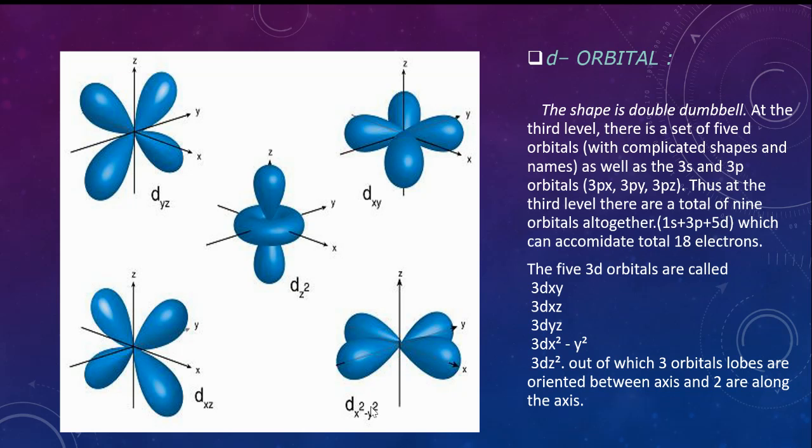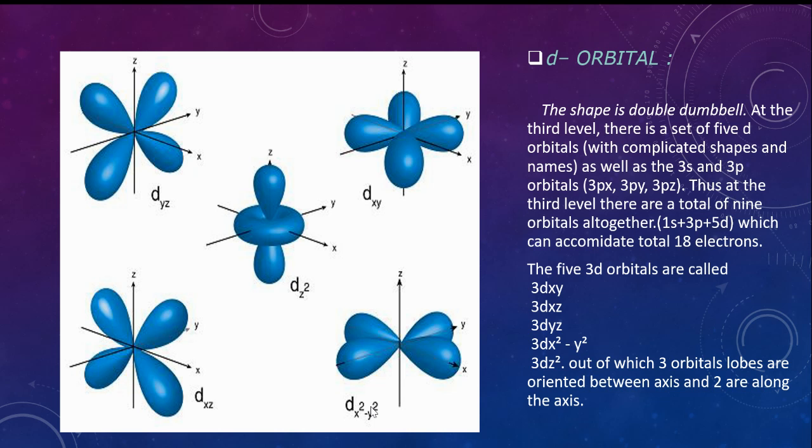Okay, and then for the d orbitals, the lobes lie in the xy, yz, and zx planes. That is the first set. In the dx square minus y square orbital, there are also four lobes, but two of its axes coincide with the x and the y axis.